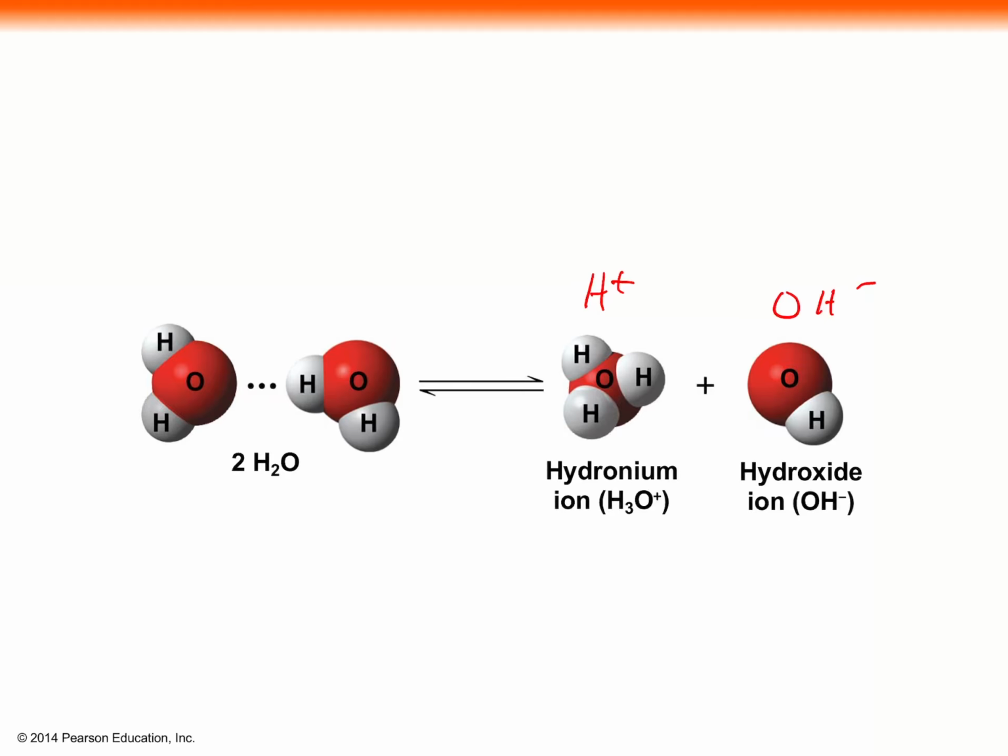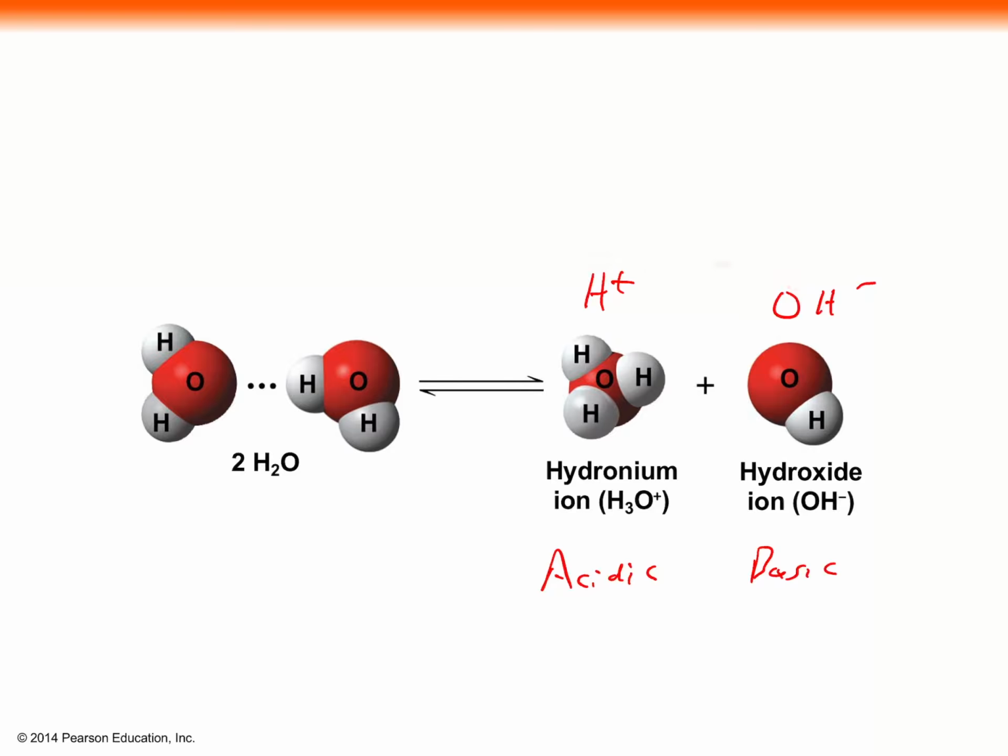Now, normally, this is happening all the time in pure water. The thing is that the hydronium ion, or proton, is acidic, okay? Hydroxide is basic. As long as the concentration of these two ions, hydronium and hydroxide, or proton and hydroxide, are equal, then you have a pH of 7.